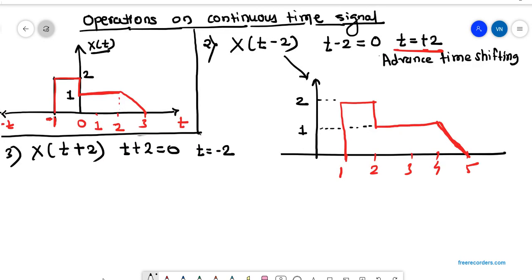Once again you can draw it. Now it is minus 2, so whatever the signal is, we have to shift it towards the left side because it's a minus.